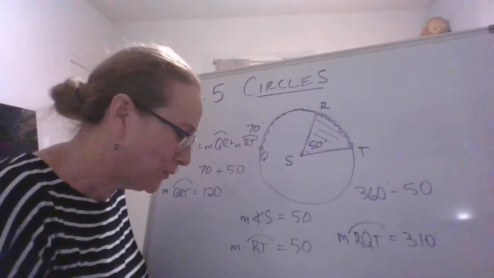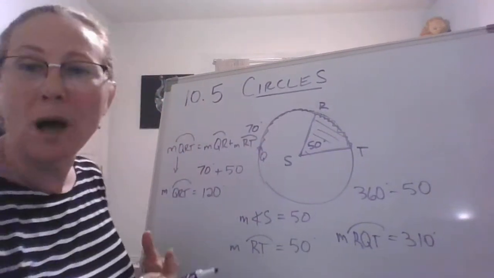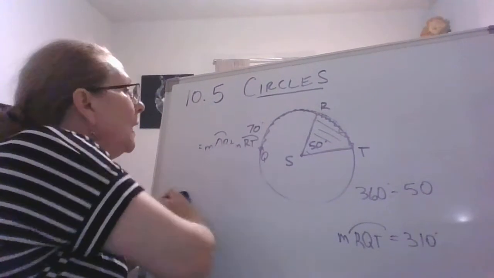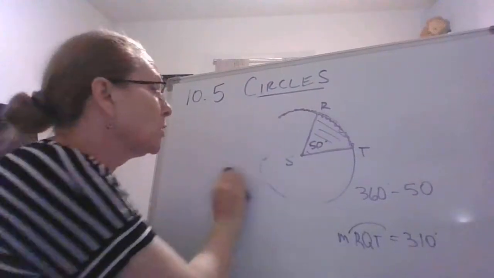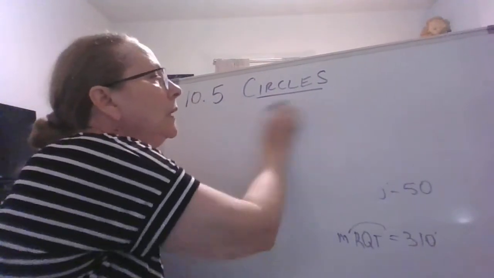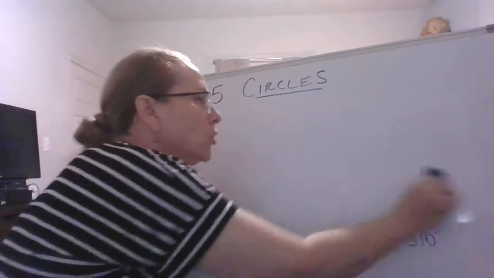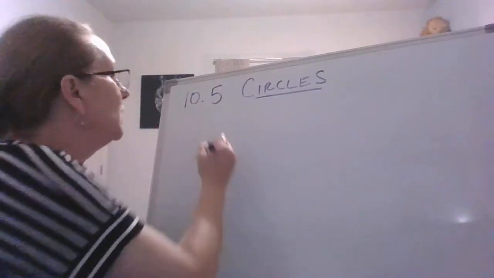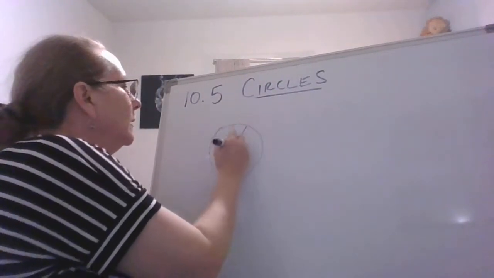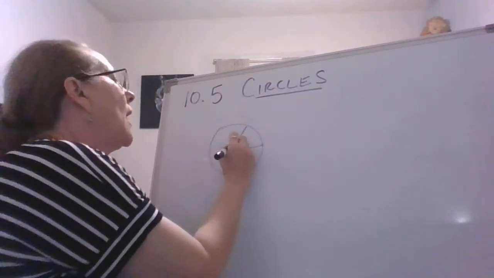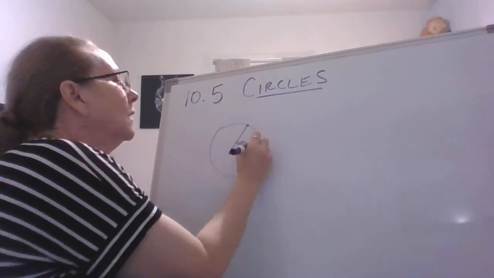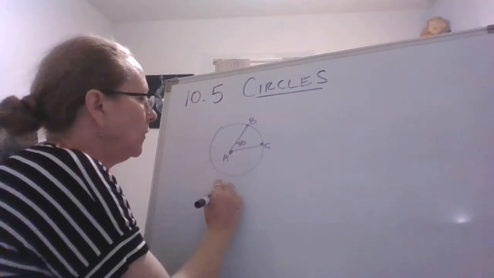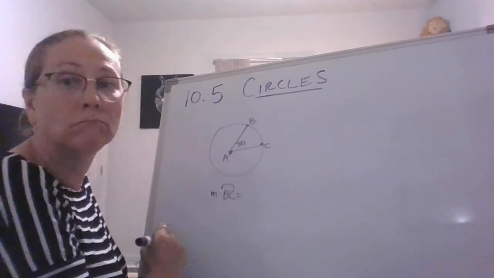Okay, sure. All right, let's do a problem very similar to what you might see in the homework. These can be either very simple problems or they can get really complicated if they throw in a lot of lines in the picture. It can look complicated. So a basic question might say, hey, I've got this angle and it's 30 degrees. What is the measure of arc BC?